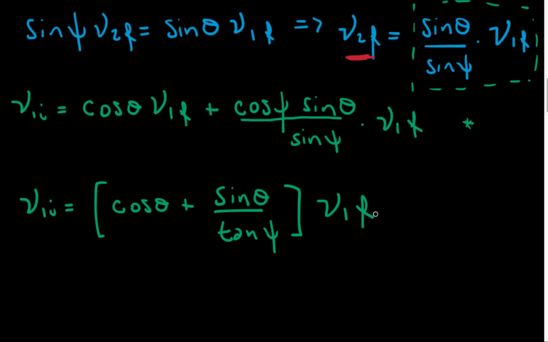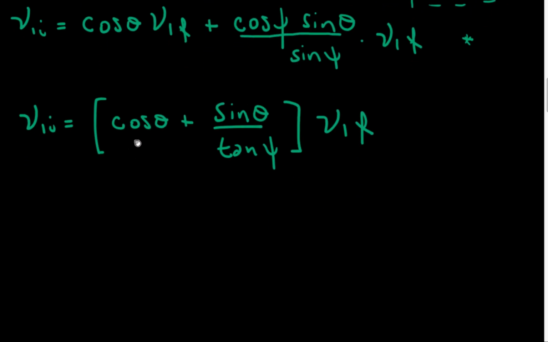And if you're having problems seeing how I went from this line to this line, all you can do is take this variable, distribute, and then open this tangent into sine over cosine, and you get this line again. So this whole thing under the parentheses here is just a number, right? So I can just take everything in the parentheses and divide both sides of the equation by that.